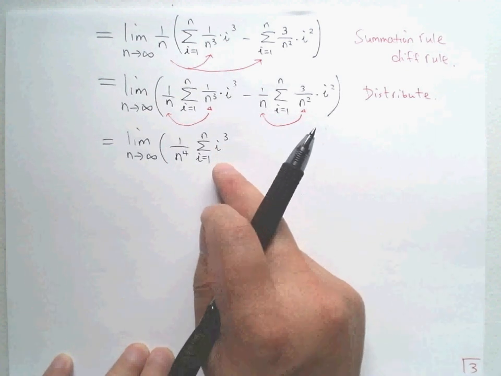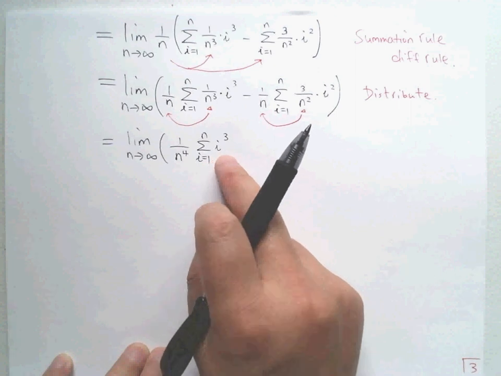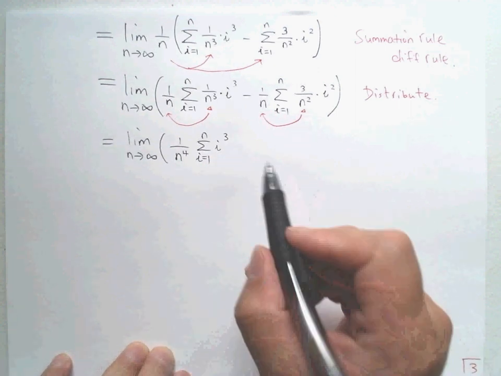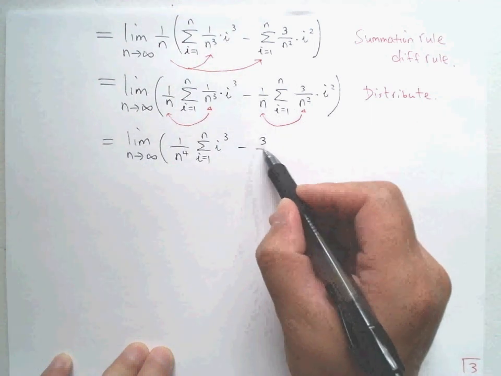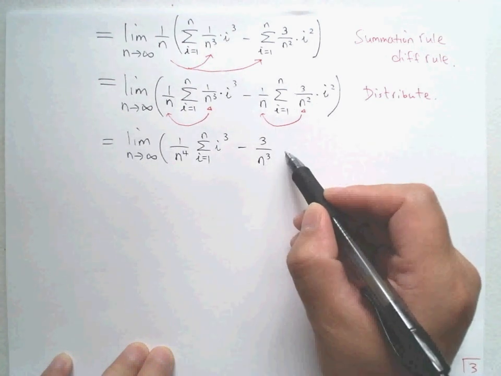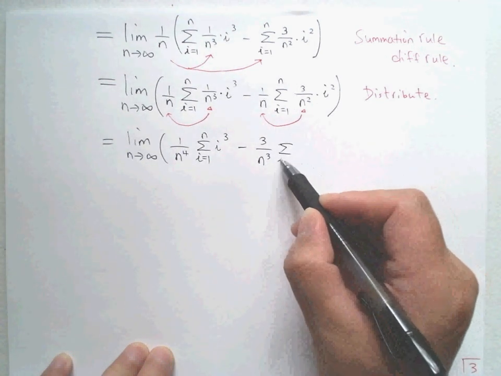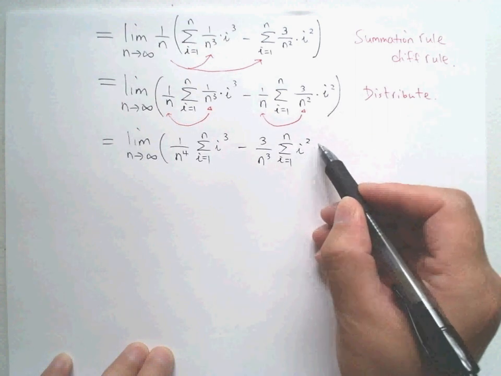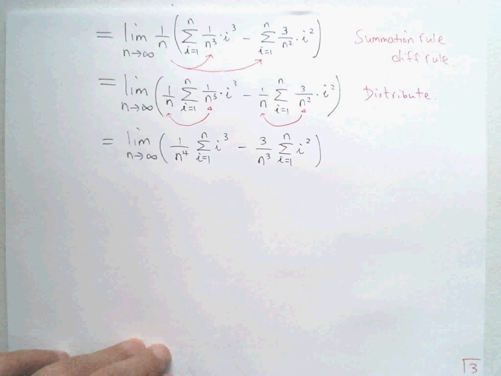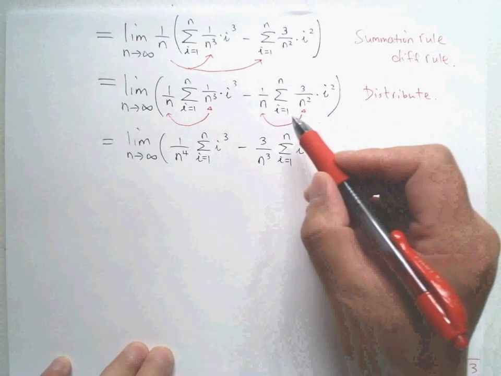This is the sum of powers. So we just use the results. And this time it is 3 over n raised to the third power times the summation, sigma i from 1 to n, of i squared. That's very good. See, what did we use?